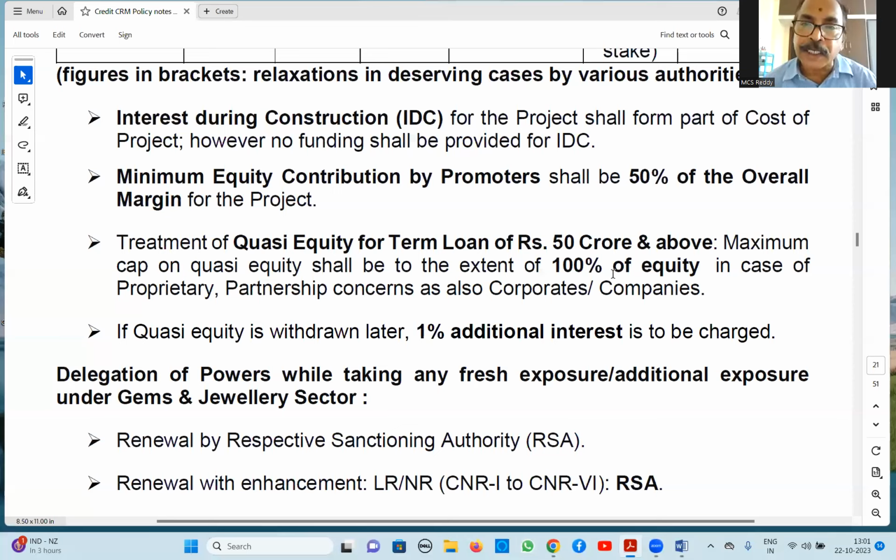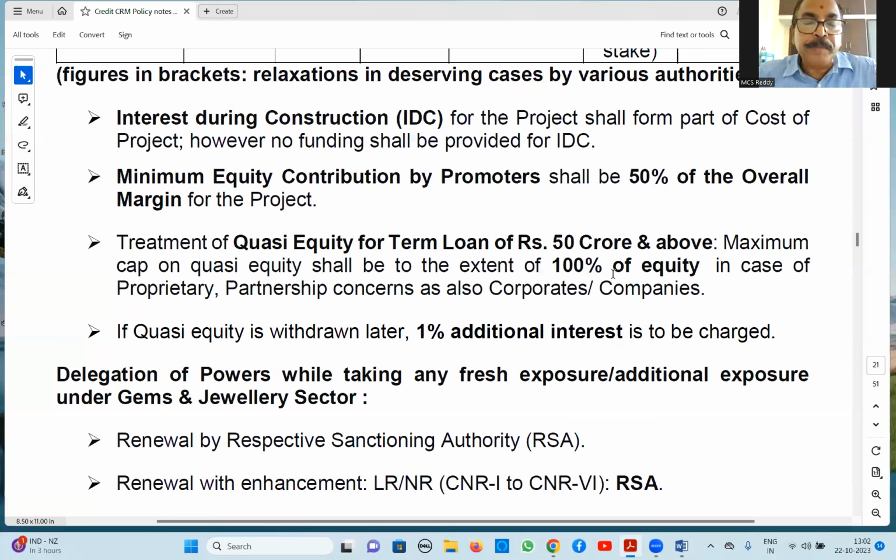If such a subordination agreement is there, those outside borrowings are called quasi-equity. Outside borrowings with subordination or repayable in more than 12 years are called quasi-equity. Always quasi-equity should be less than own equity. This is the equation. Our equity should be more, quasi-equity should be less.